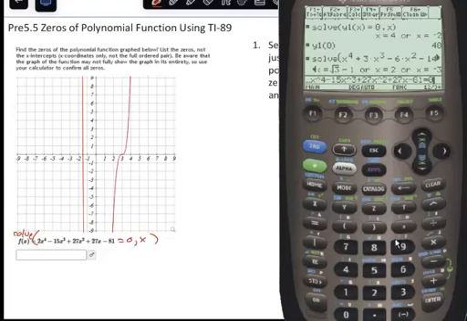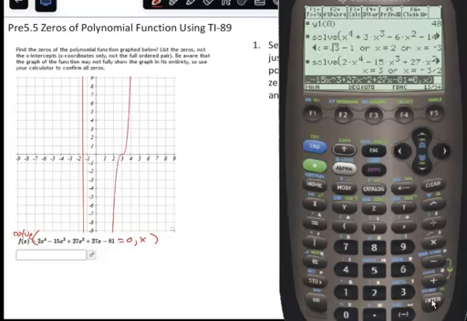Set it equal to 0, comma x tells the calculator what variable to solve for, and when you do, you have your answer 3 and -3/2. Okay, you're not doing the ordered pair, you're just listing your answers.